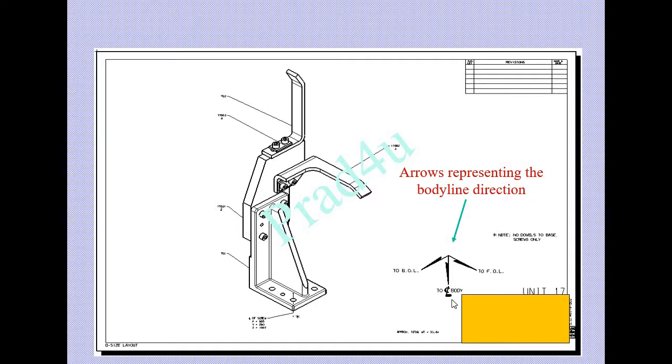Arrows represent the body line direction. This is the body line direction, that is the XY side of the vehicle, and relative to that are our directions of a BIW fixture unit. It shows us the exact position of that BIW fixture.